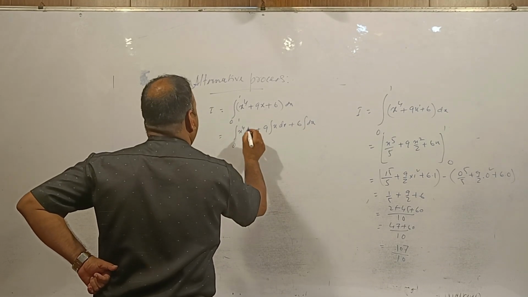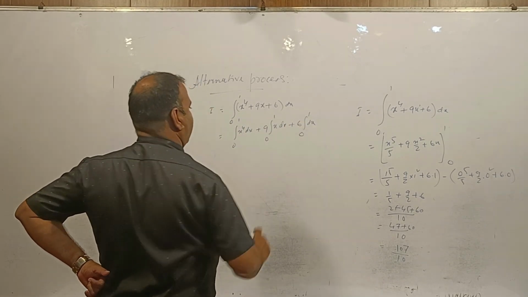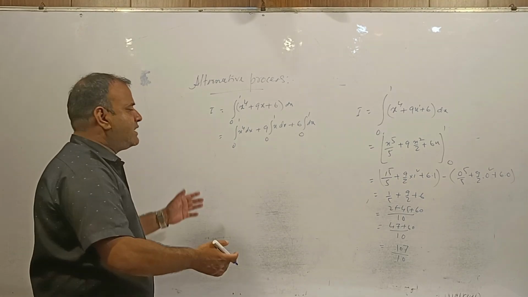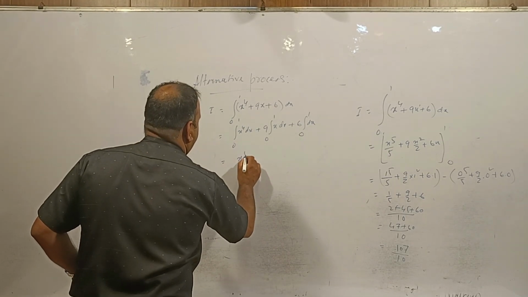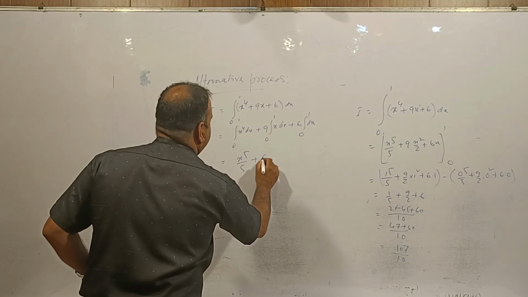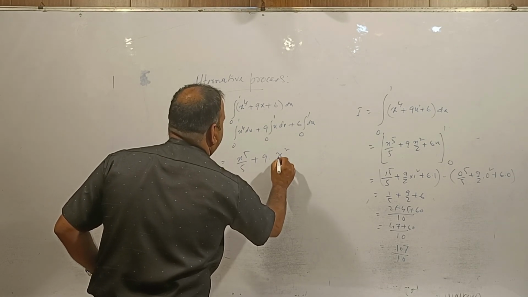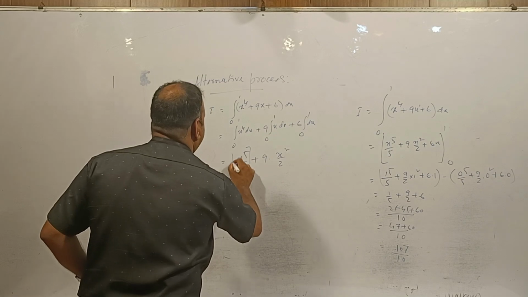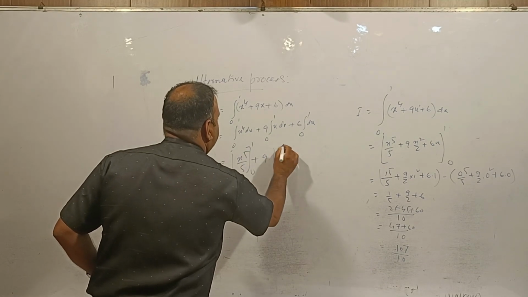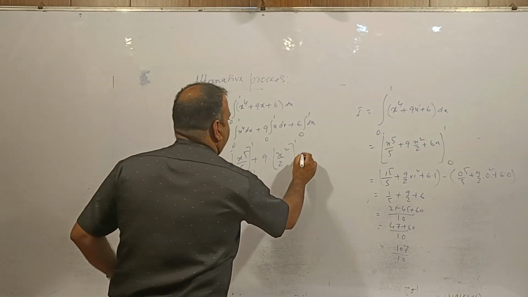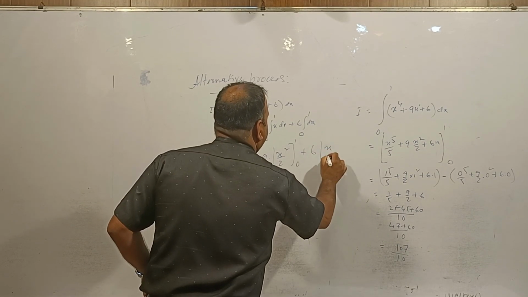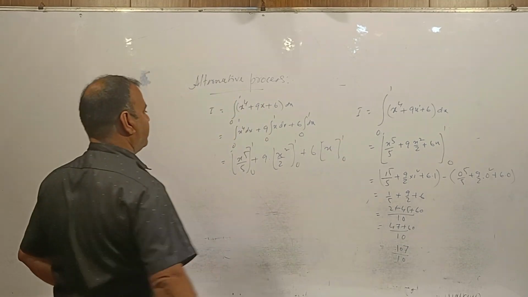Now here the limits are 0 to 1 for each. In this case you can see x⁵/5 plus 9 times x²/2, with limits 1 and 0, plus 6 dx gives 6x, this part can also be written with limits 1 and 0.